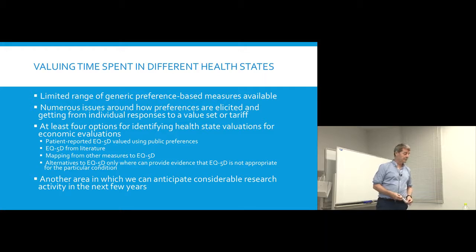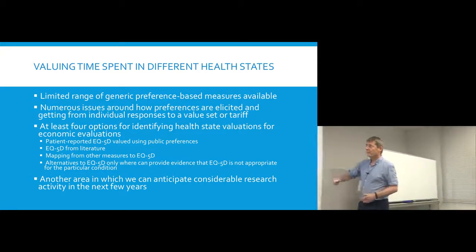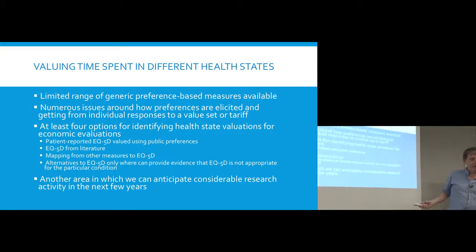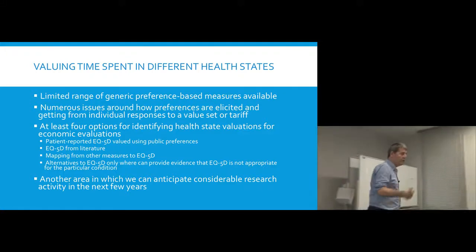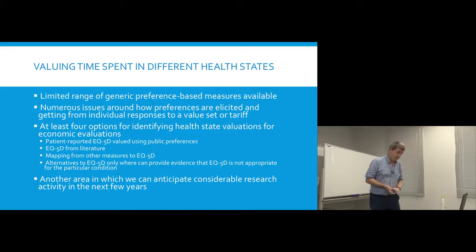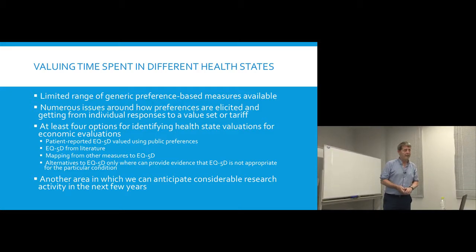So there's still some work going on out there that would use the patients. Okay, there's that issue. But anyway, we've got various potential sources of values, and so there's an issue about which ones we should use. Definitely there's going to be more and more research going on. Already it's heavily researched, but I'm sure there's going to be more and more happening in the next few years.